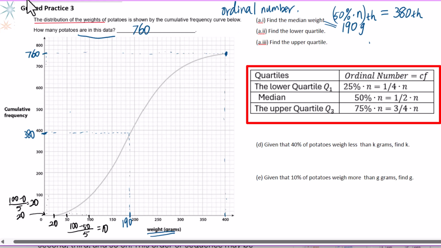Find the lower quartile, which is Q1. We are looking for Q1. Still, you need to figure out the ordinal number. 25% times n is the ordinal number for the first quartile, which is 190. So find 190 on the y-axis. This is 180.